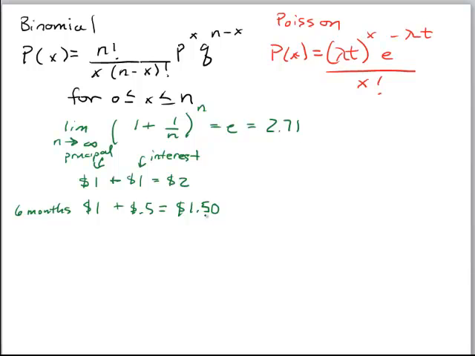So let's say we went our 6 months and then I decided I'm going to keep going. So my new principal is going to be $1.50, and I'll pay for the second 6 months half of that, so it's 75 cents. So then I get to $2.25. So if I have this option to pay earlier, my annual rate looks more like 125% annual interest or annual rate.